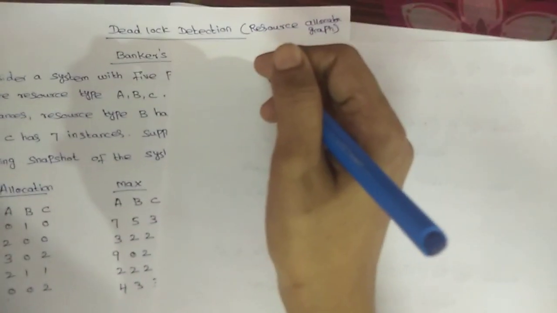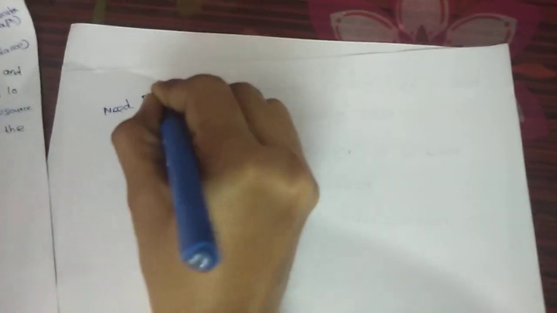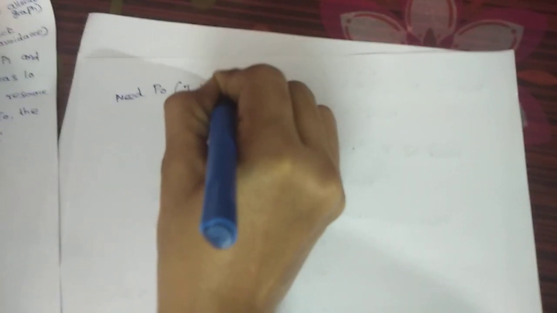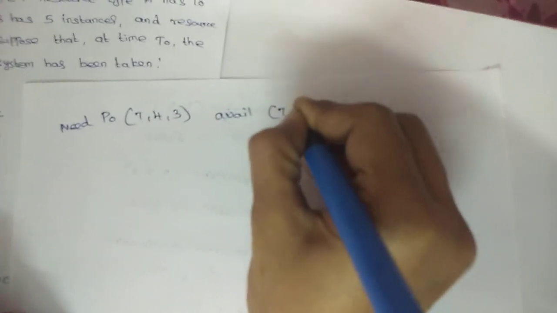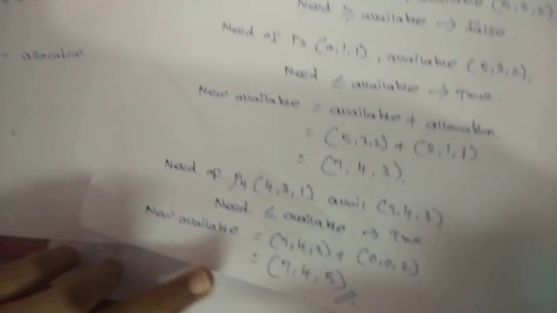Next we are going to satisfy the pending requests, that is P0 and P2. Next we take the P0 need, that is 7, 4, 3. The new available is 7, 4, 5, which we got after granting the request of P4.